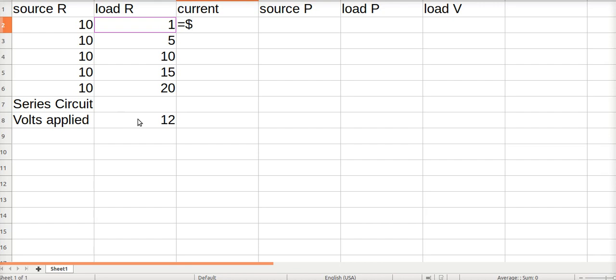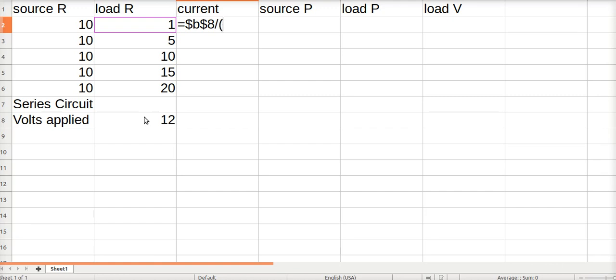That cell, I don't have my window big enough, is actually B8. So it's $B, column, $8. Now, if you put your 12 somewhere other than B8, then that's different. So Ohm's law tells me current is voltage divided by resistance. So I'm going to divide by.